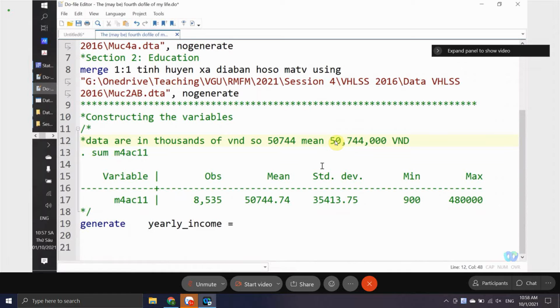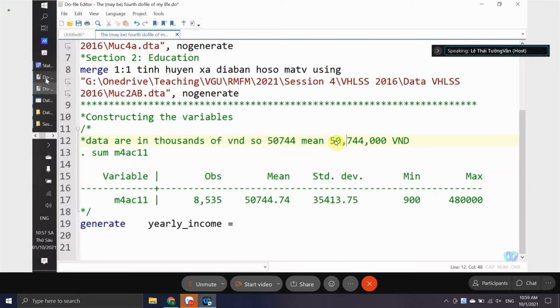So in 2016, the average wages and salary per year for a Vietnamese adult is about 50 million. Fair enough? That's the information that you get.